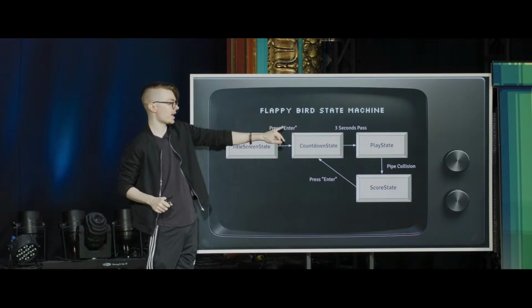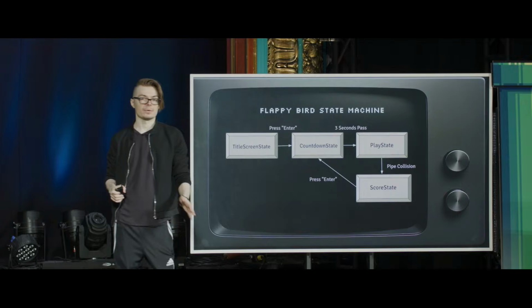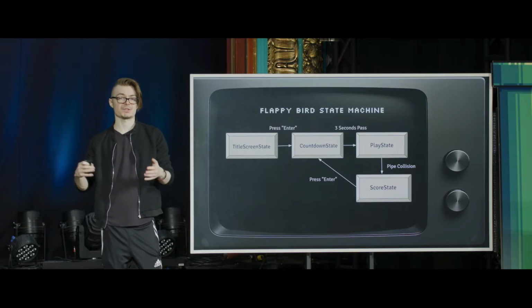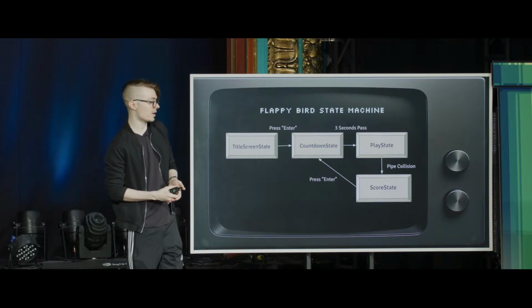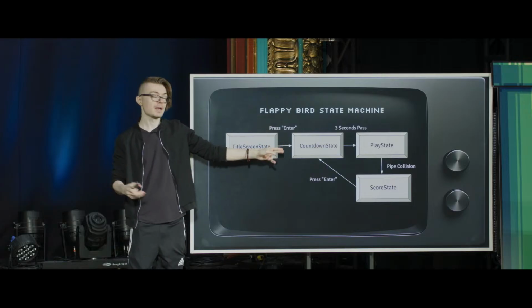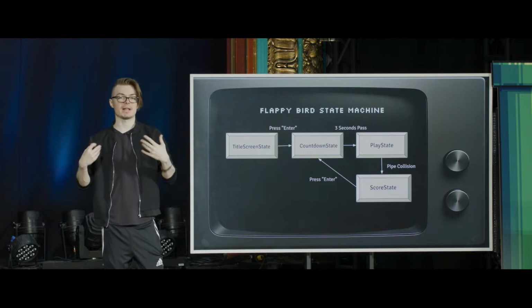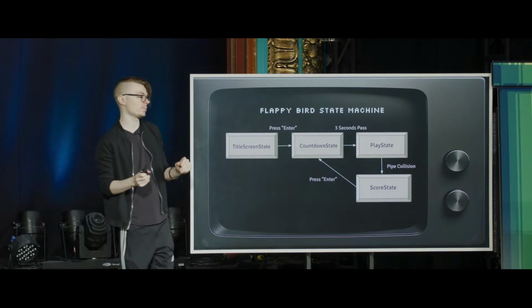If you press enter when we're in the title screen state, we go to the countdown state. So countdown state is, I think, just a fair way to allow us to be prepared to start pressing spacebar when Flappy Bird is running. If 3 seconds pass once countdown state has begun, then we should transition to the play state. And then when we're in the play state, now we're actually playing with the bird, and we're bouncing and we're doing collision detection, we're accumulating points.